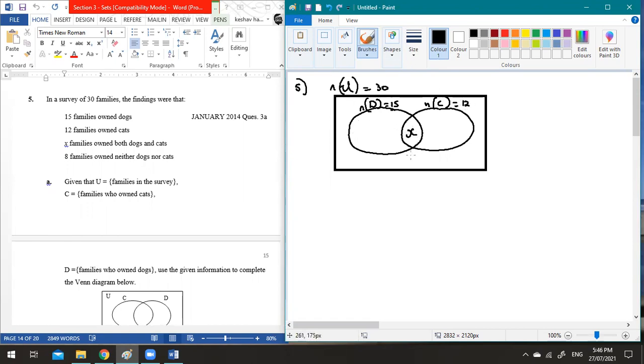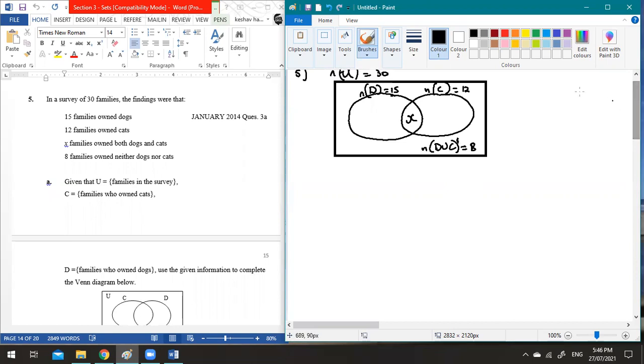X amount own both, and 8 was neither, which was outside. So again, the notation will be number of elements in dogs union cats composite equal to 8. Right? So that will be the Venn diagram for now.